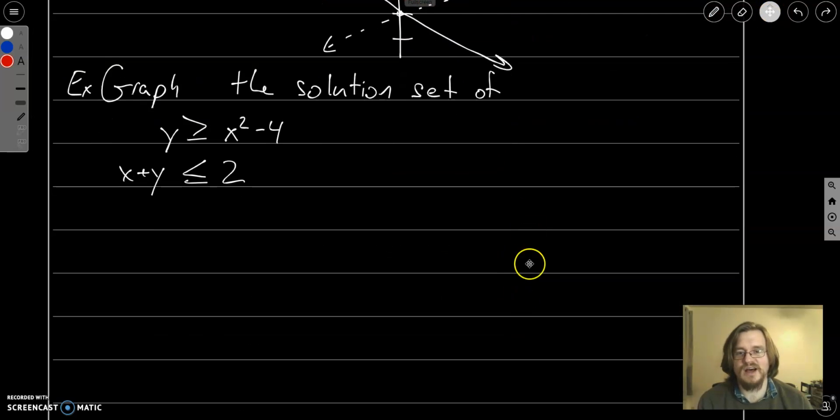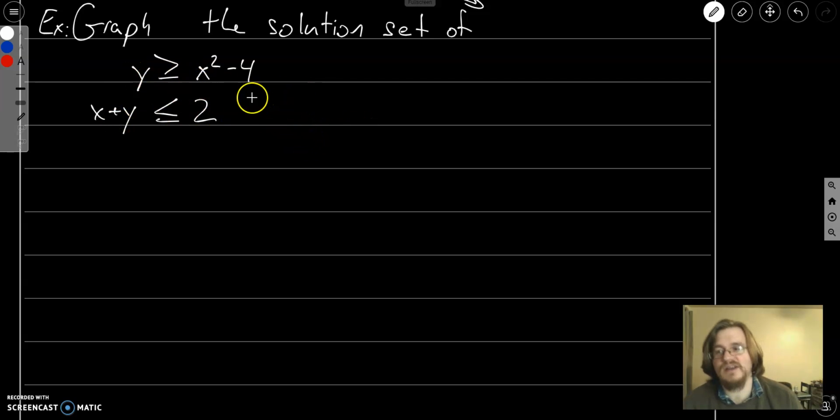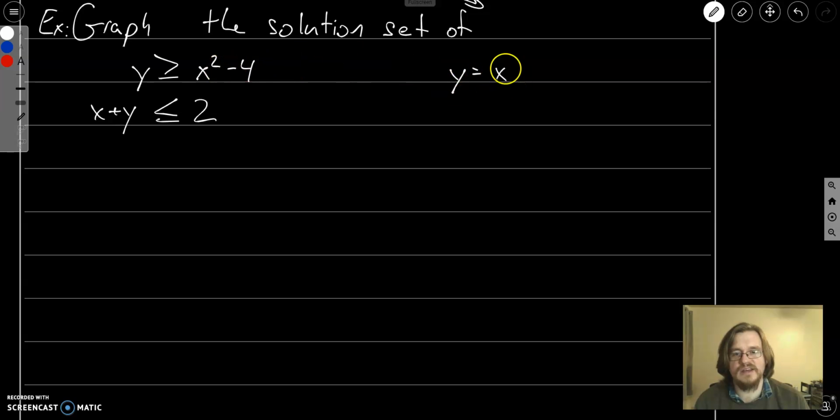Let's do another example. I think this one will help quite a bit. So we're going to graph the solution set to these two inequalities. So let's graph these two inequalities first, and then we'll see where they overlap. So the first one, again, we'll replace this with an equal sign. y is equal to x squared minus 4.